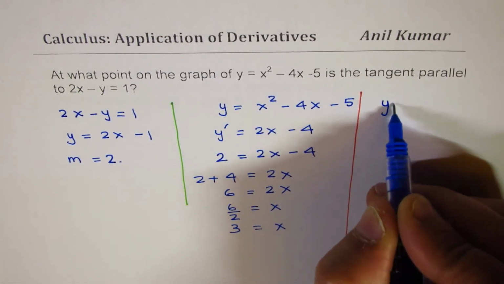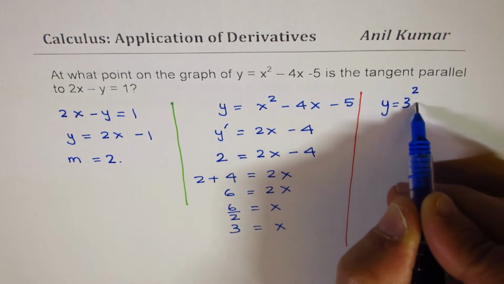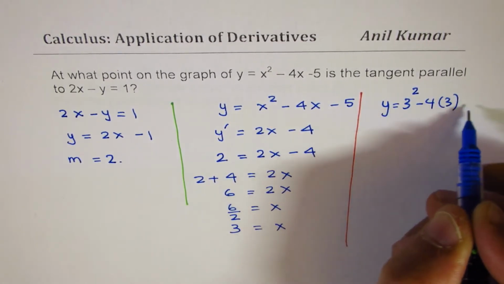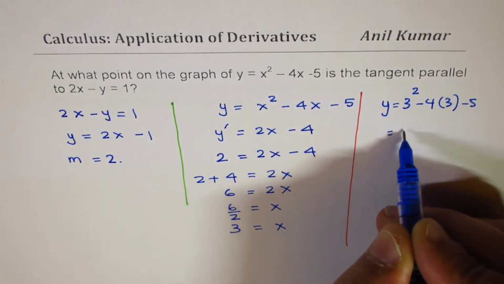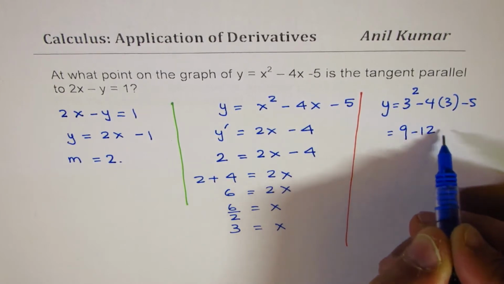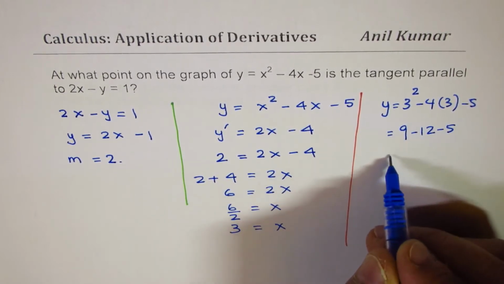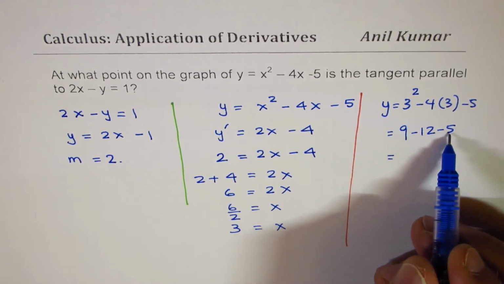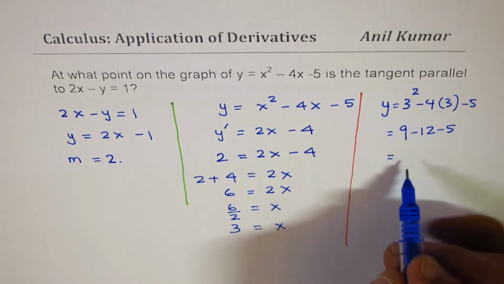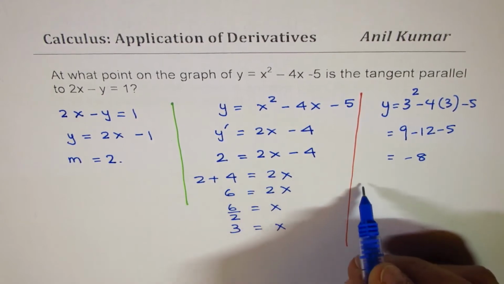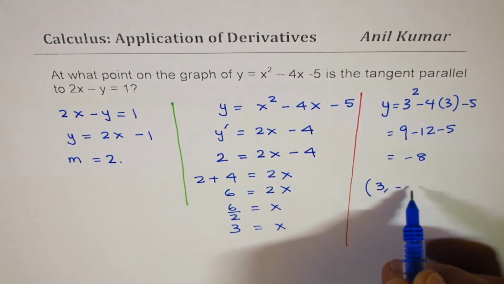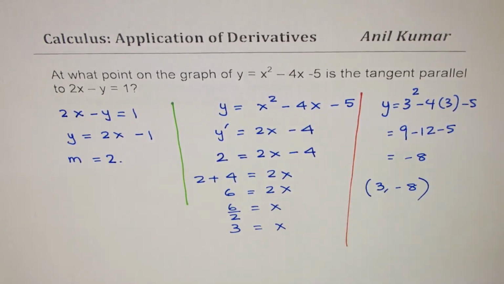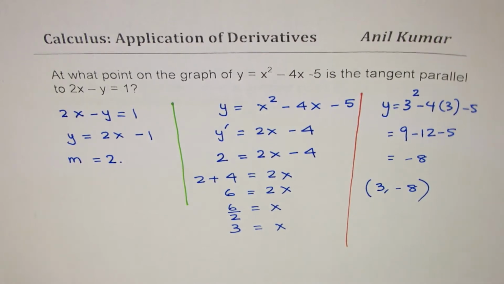So y equals 3 squared minus 4 times 3 minus 5, which is 9 minus 12 minus 5, correct? So that is to say 9 minus 5 is 4, and when you take away 12 you get minus 8, and therefore the point is (3, -8), correct? So that is how you're going to do it.